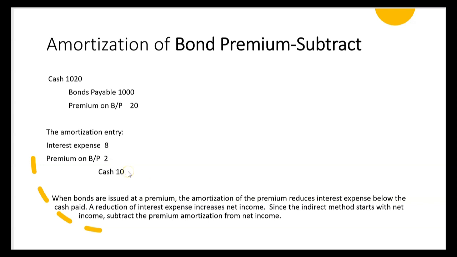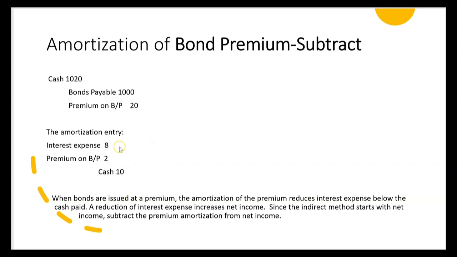So the cash is 10, and I'm just making that up. It doesn't tell us the interest rate or anything. Just believe me, let's say that cash is 10, but the interest expense would be less than 10 because you're amortizing the premium $2 a year, and that reduces interest expense. So what you end up with is interest expense lower than the amount of cash paid.